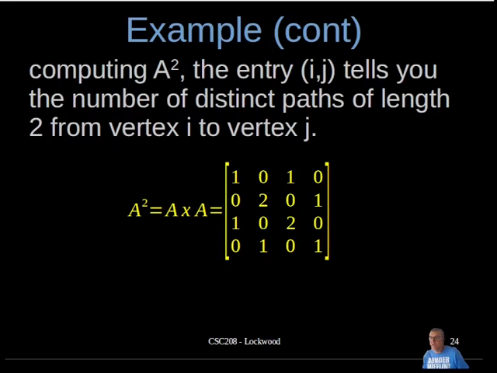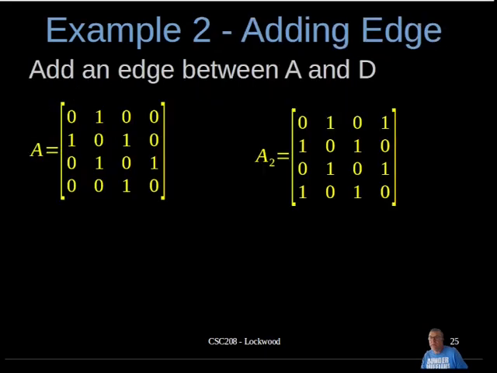And if we do that, we can see that this matrix tells us the number of distinct paths of length 2 from vertex I to vertex J. So it's just an interesting thing we can do with this adjacency matrix. And I wanted to show you the sort of thing we would potentially do in a programming language to manipulate one of these graphs.